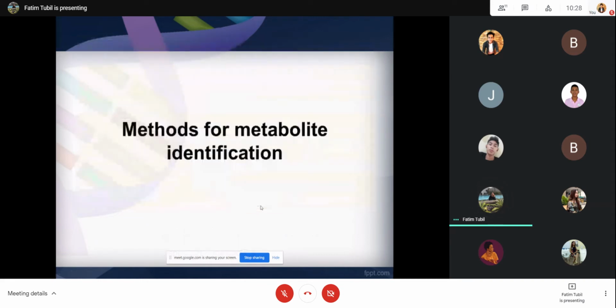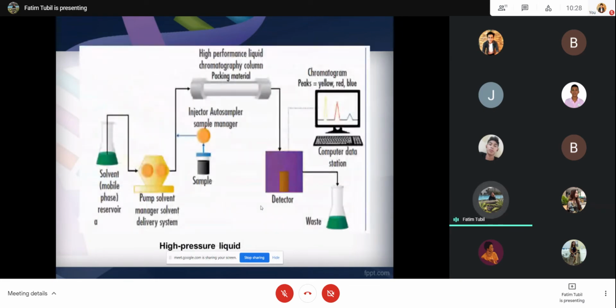So the next is methods for metabolite identification. In this article they use high pressure liquid chromatography, also known as HPLC.